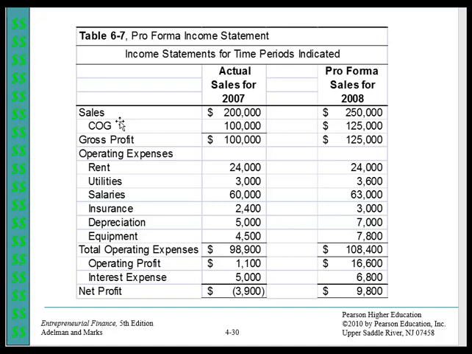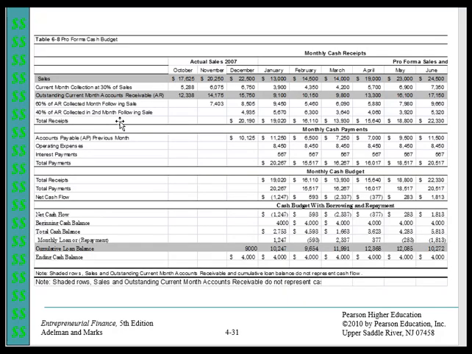We found these numbers. You can find these numbers by doing a common size statement analysis for income. An income statement common size analysis can help us with some of these individual numbers so that we can predict what's going to happen in the future. We can do this much more looking at cash. Here's our monthly cash balances.